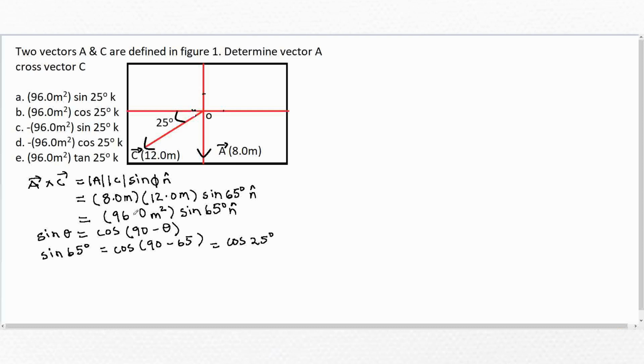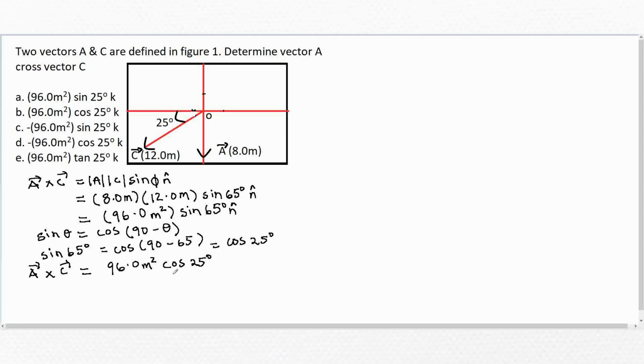So it means that we can rewrite our answer as A cross C is now equal to 96.0 m squared times cosine of 25 degrees.